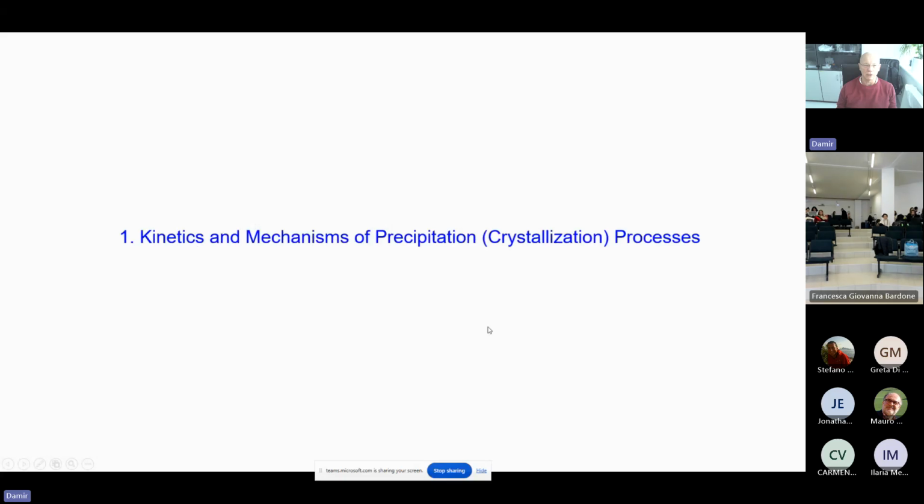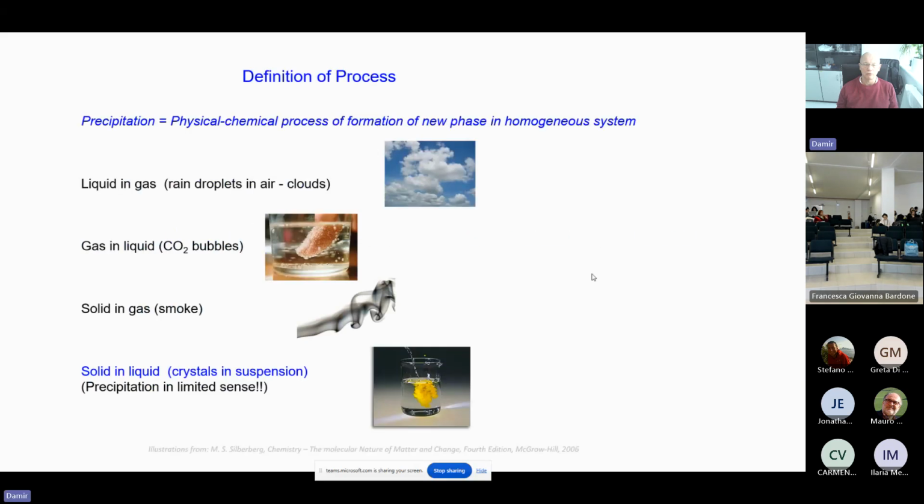I will start now with kinetics and mechanism of precipitation, crystallization process. You see two terms, precipitation and crystallization. I will explain later on why. So first, the definition of precipitation. Precipitation is a physical-chemical process of formation of a new phase in a homogeneous system. According to this definition, precipitation is formation of liquid in gas. So rain droplets are actually precipitate appearing in the clouds.